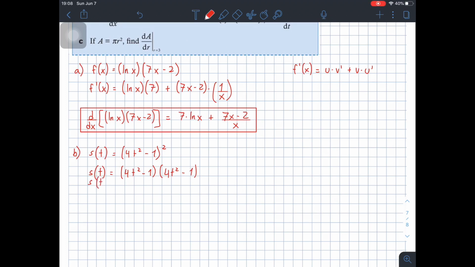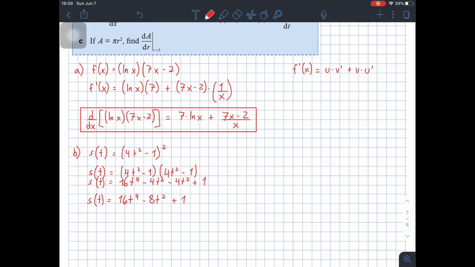We're going to do a FOIL method. So we're going to get 16t to the 4th power minus 4t squared minus 4t squared plus 1. So s of t is equal to 16t to the 4th power minus 8t squared plus 1.